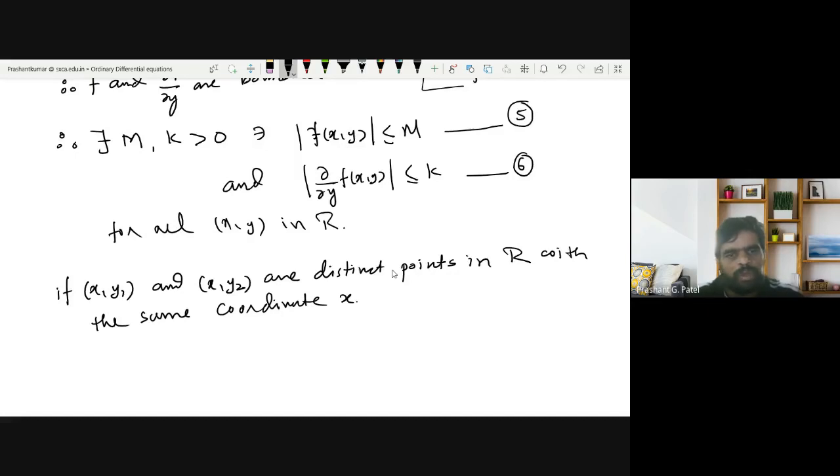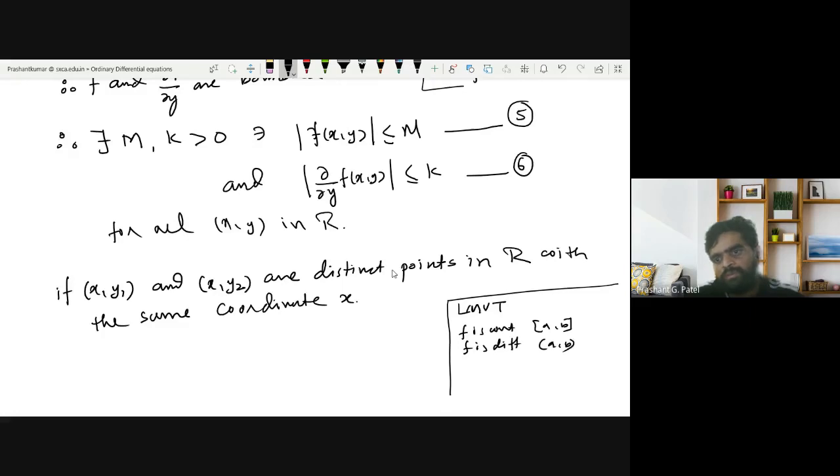So by the mean value theorem, what can we say? It says, with respect to y. So let us recall what the mean value theorem, LMVT, is. f is continuous on the closed interval [a,b] and f is differentiable on the open interval (a,b).